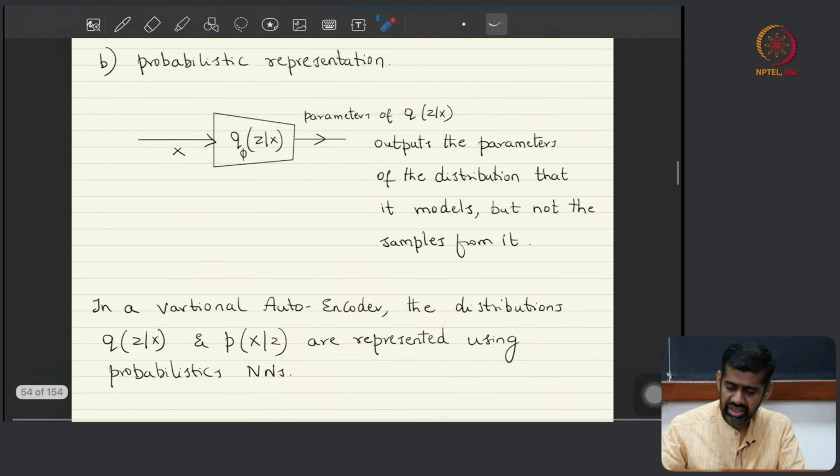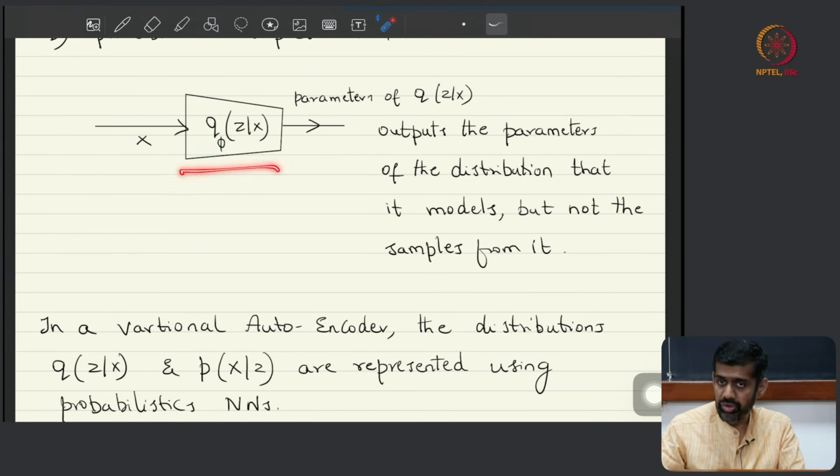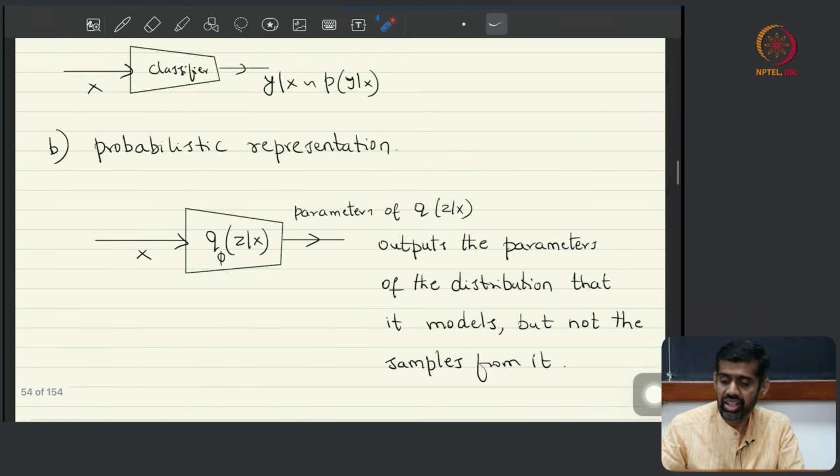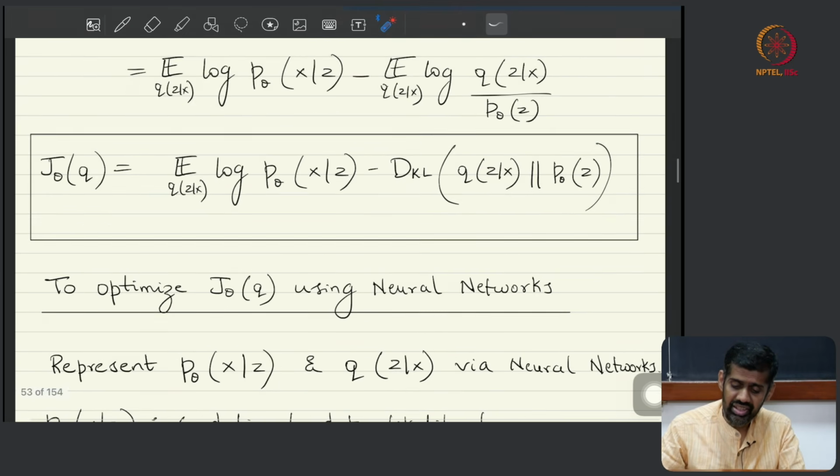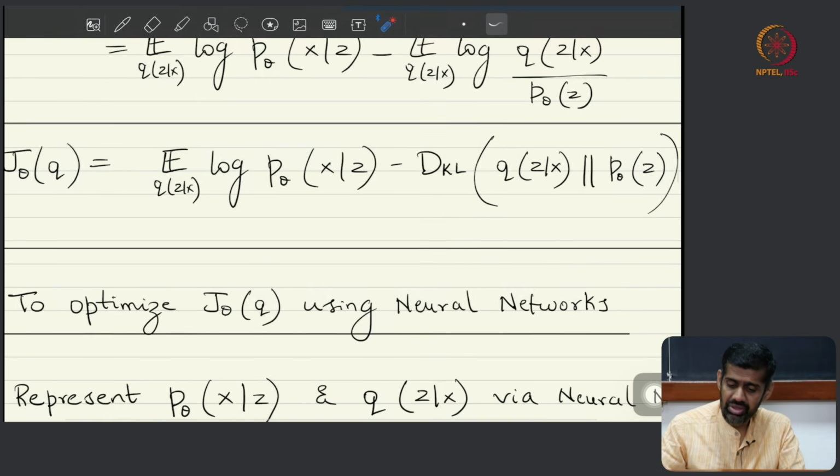Okay, I think this is a good point to stop. So what we will do next is I will tell you exactly how this algorithm works. Okay, there is an issue here, which is that when you are trying to represent these distributions using neural networks, wherever we see an expectation, we would convert that into a sample average, right? But now this expectation is with respect to a distribution that is getting optimized.